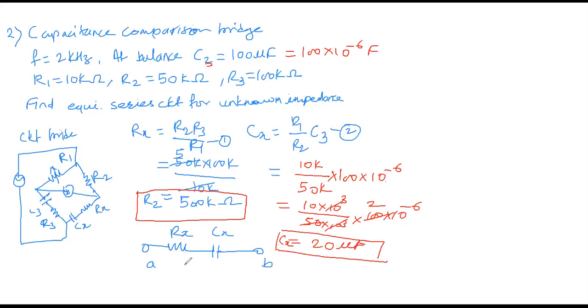So our equivalent series circuit diagram for the unknown impedance is what? Rx is 500 kilo ohm and Cx is 20 microfarad. So this is the final answer. Okay.